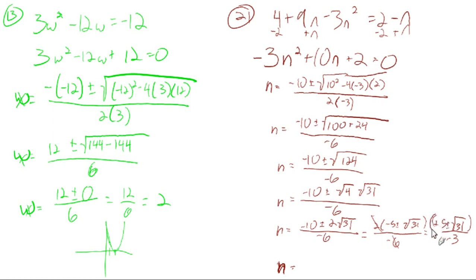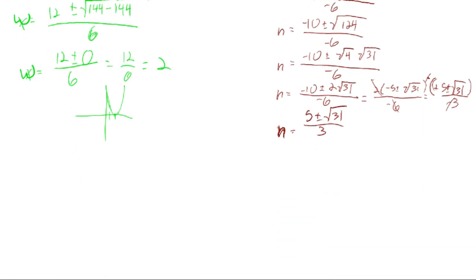And nothing really happens to this positive and negative, because one of them would become negative and the other one would become positive, and you still have a positive and a negative. So factor out a negative there, and now the negatives can cancel each other out. Those factors of negative 1 can cancel each other out. And we'll have 5 plus or minus the square root of 31 over 3. And there's number 21.